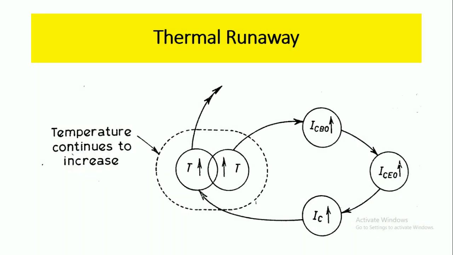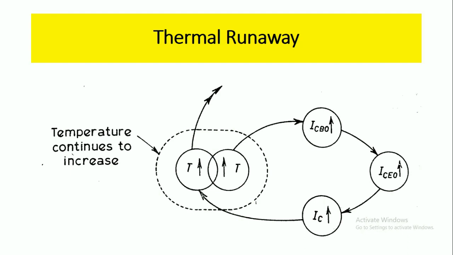Here when the temperature increases at the collector junction, then the leakage current ICB0 will increase. When ICB0 increases, ICE0 will increase. When ICE0 increases, then the collector current IC will increase. When the collector current increases at the collector junction, again the temperature will increase. That is nothing but here the temperature T is increased.